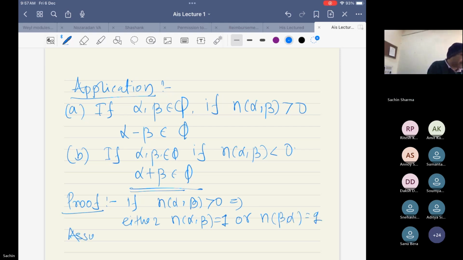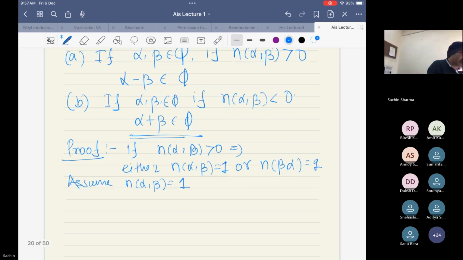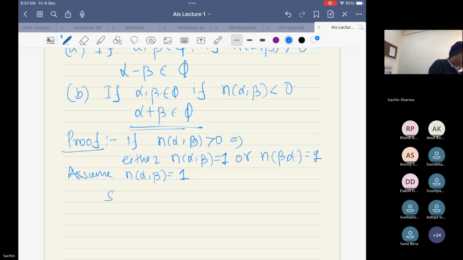Assuming n(alpha, beta) is equal to 1, we will see that S_beta of alpha. What is S_beta of alpha in terms of n(alpha, beta), can you tell me? This is nothing but alpha minus 2(alpha, beta) by (beta, beta) into beta.